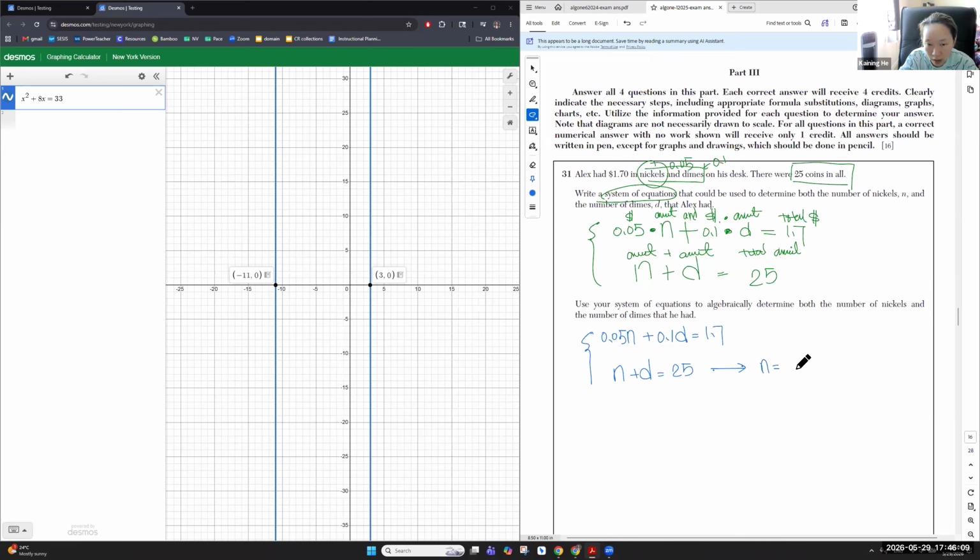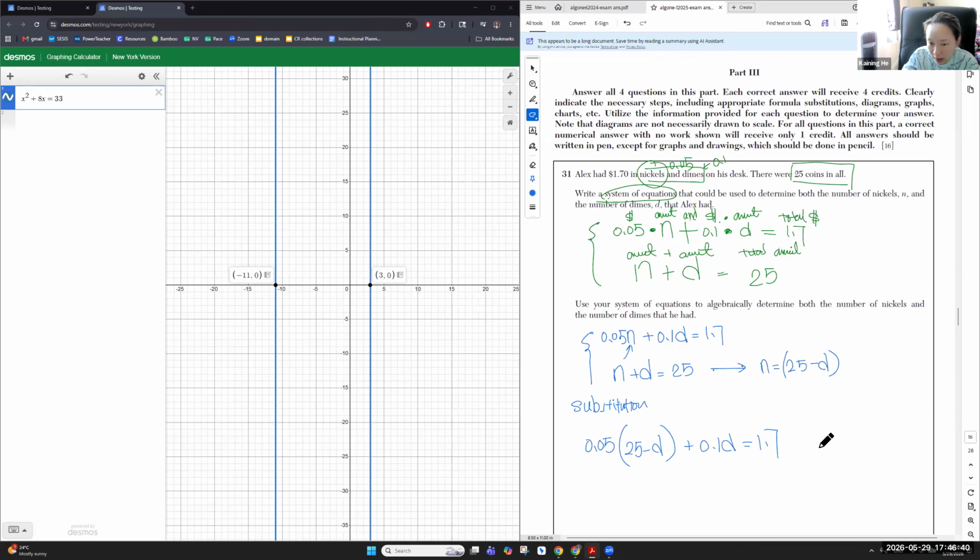So if I say N is equal to 25 minus D, that means it's going to be plugged in anywhere that has an N. So by replacing, by substitution, I'm going to say 0.05 multiplied by, that's not N anymore, now it's 25 minus D. After that, plus 0.1 D equals 1.7.